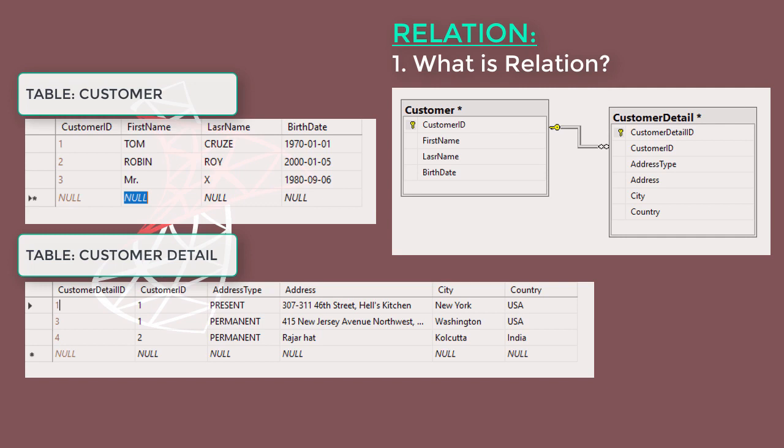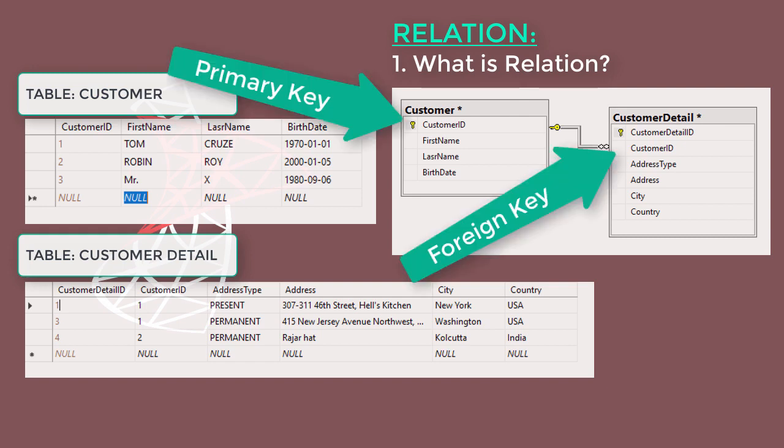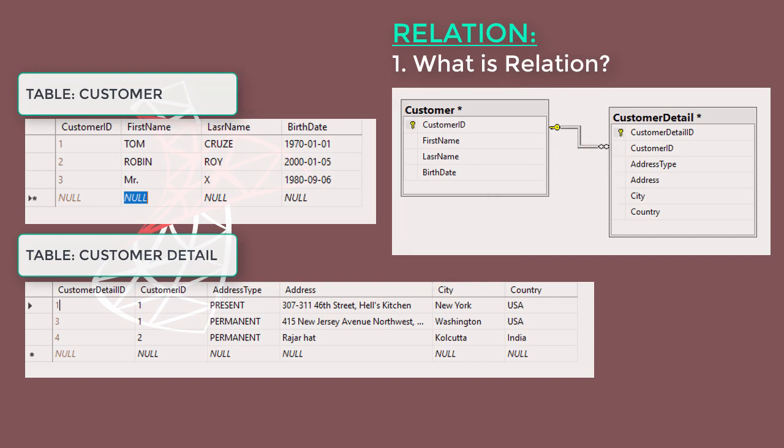A link is created between two tables where the primary key of one table is associated with the foreign key of another table using database relationships. There are three types of relationship: one-to-one, one-to-many, and many-to-many. In this illustration, I am showing one-to-many relationship.